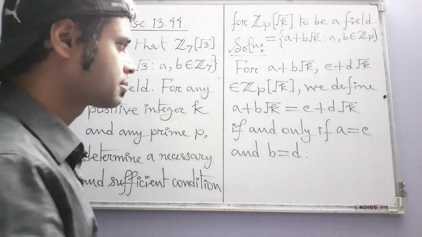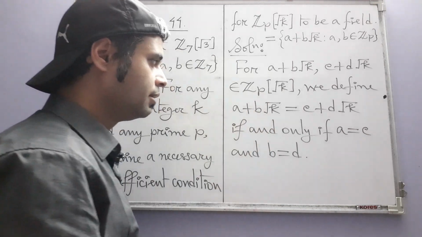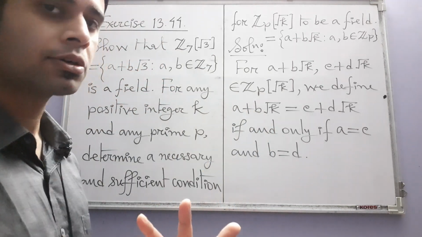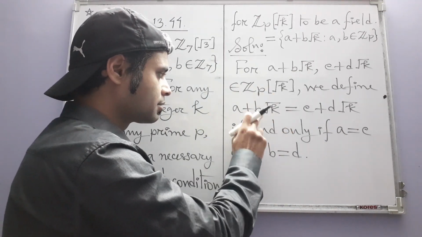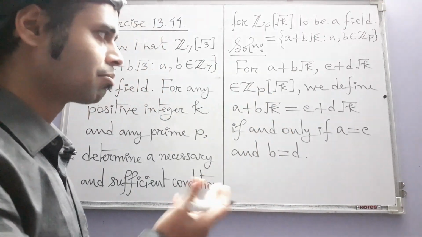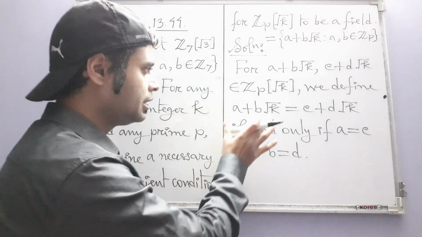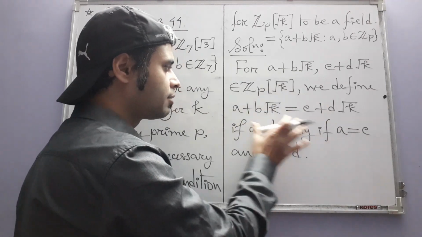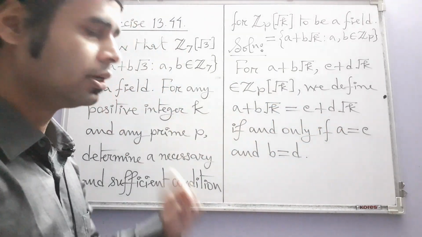And that's because parts of this symbol, that is this a and b, are not real numbers. Also, they are not complex numbers. So although it looks like something familiar to us, say a complex number, it is not. It is just some abstract symbol. So we need to declare when two such symbols are equal, and we do so here.